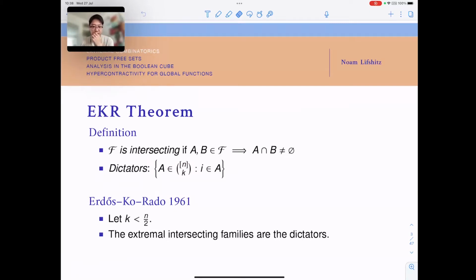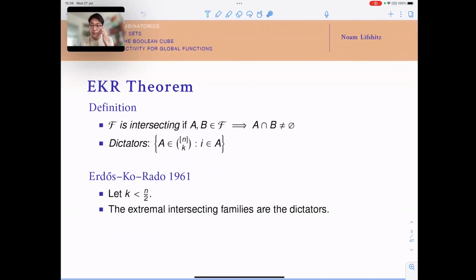We can choose some element of 1 up to n and take all the sets that contain this element. This is an intersecting family, because if we take two sets that contain I, then their intersection must also contain I, so it's non-empty.